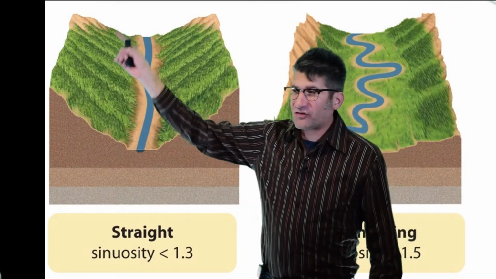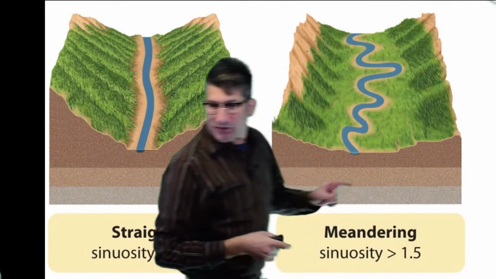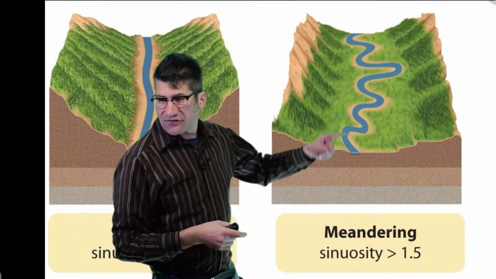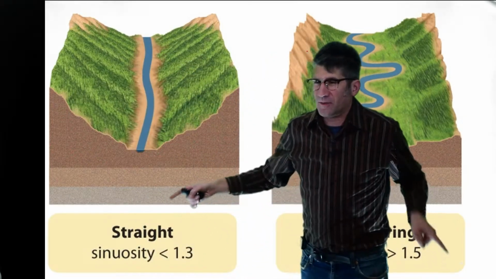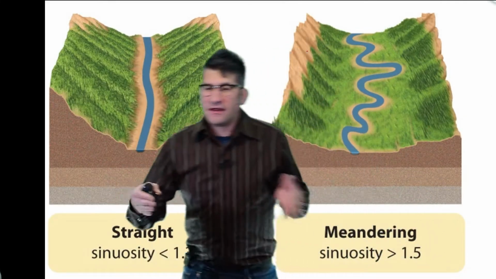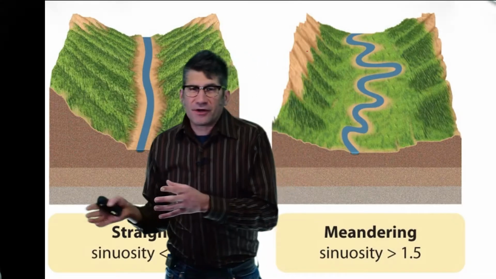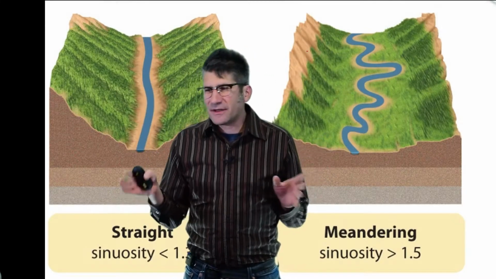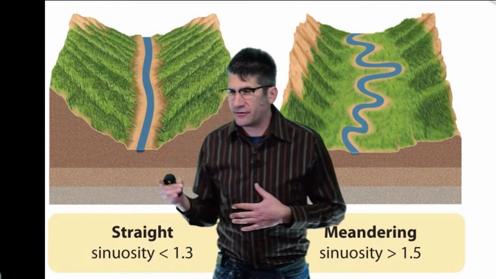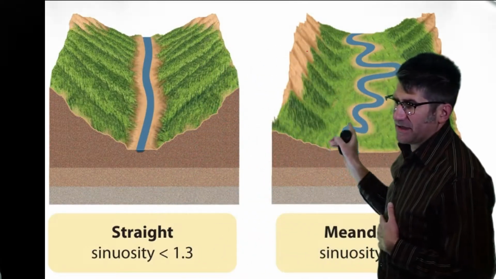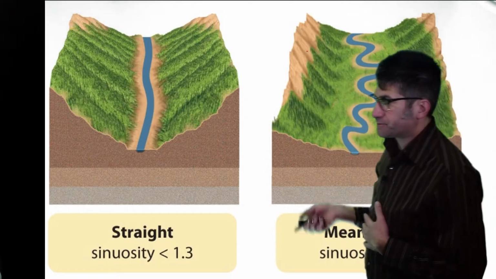So that would be a straight channel. And then a meandering channel would be a stream that has a sinuosity greater than about 1.5. And I know you're asking, well, what about the middle there? Yeah, these are boundaries that we put on channels, right? When we're close to these values, you can either classify it as straight or meandering. So this again would be a meandering channel right here.